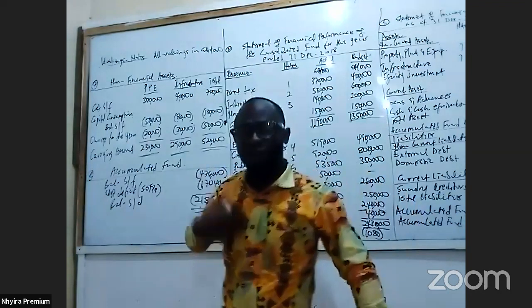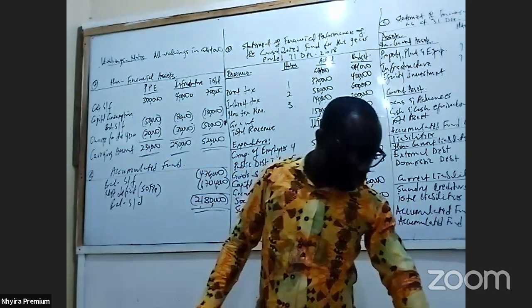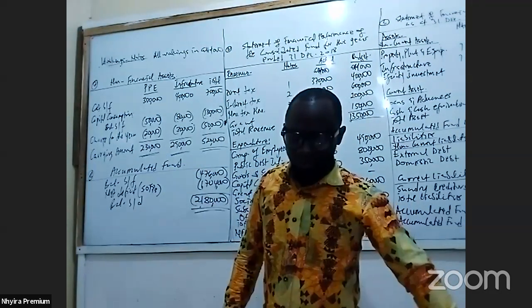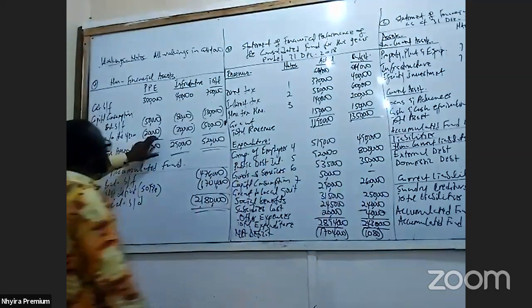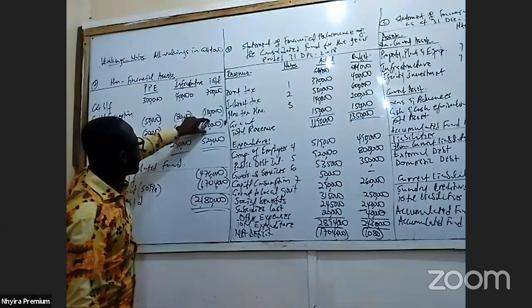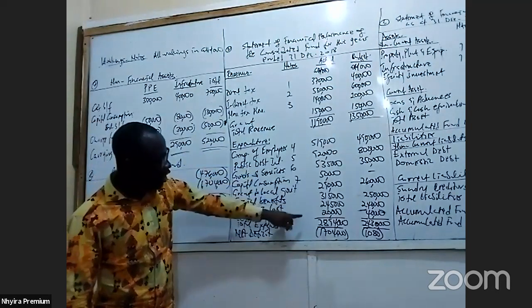In this question, we were not supposed to compute it. It was given to us directly in footnote 2: 20,000 for the property, plant, and equipment, and 30,000 for the infrastructure. So 20,000 and 30,000 make 50,000. And it is this 50,000 for the current year charge that we brought into the statement of financial performance.